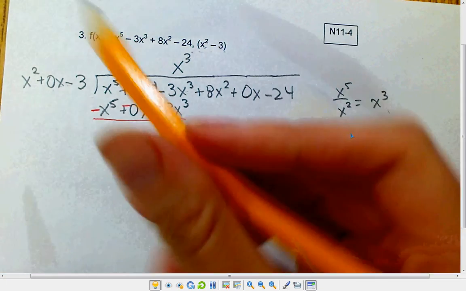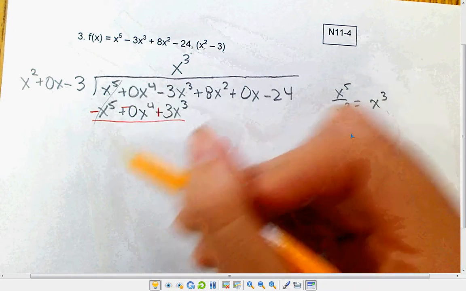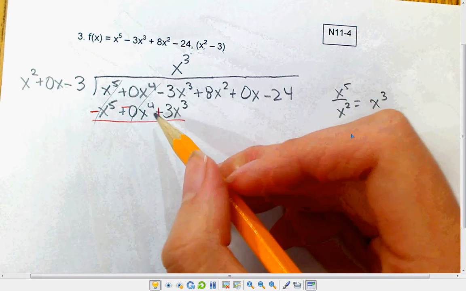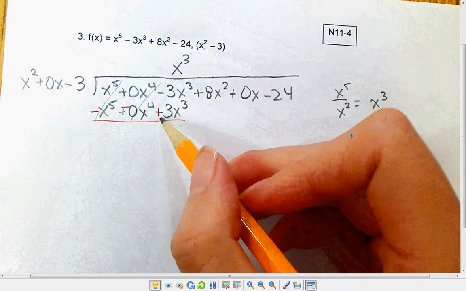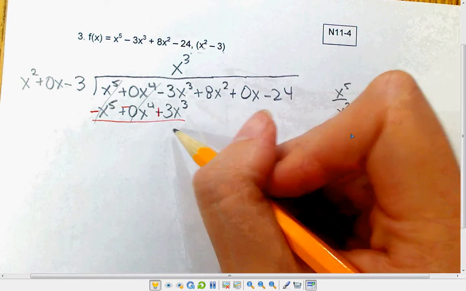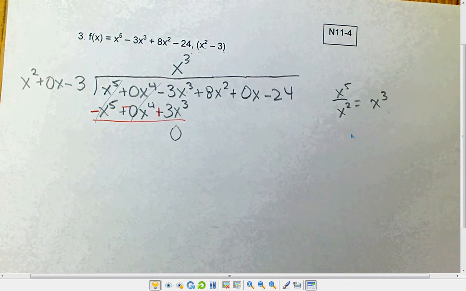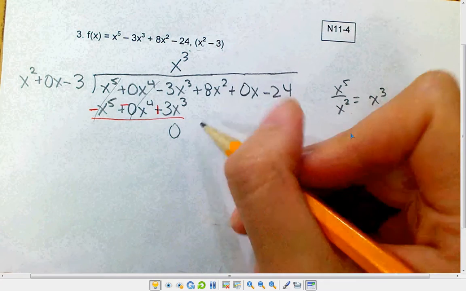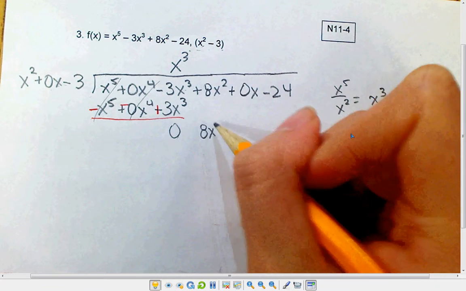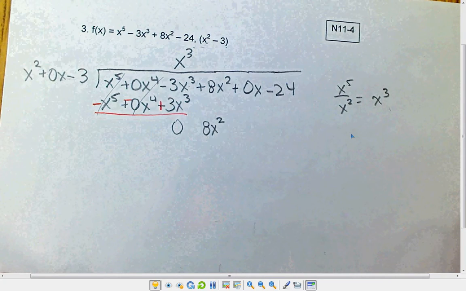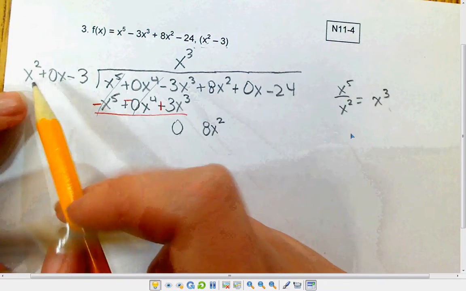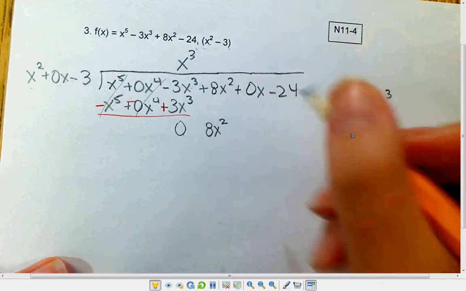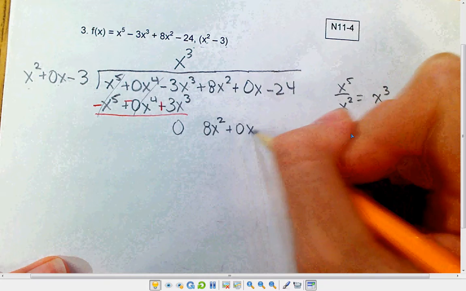And when we add them all together, x to the 5th cancels out, 0 and 0 cancel out. And this is the first time this has happened. Negative 3 and positive 3 also cancel out to give you 0. So what happens here is if it gives you 0, we're going to have to bring down more than just 1. In this case, because there are 3 terms here, we can bring down all 3 of these terms.